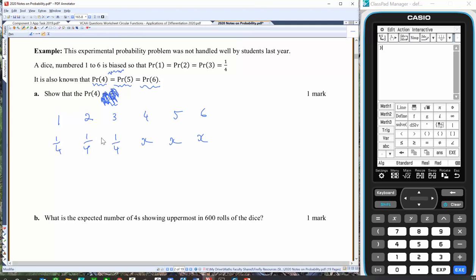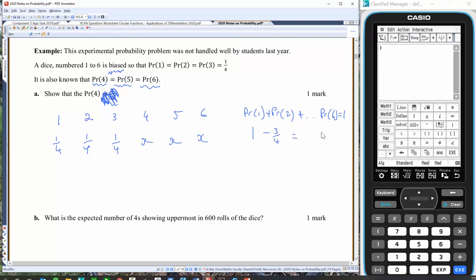All right, well, what have we got left? We know that the probability of 1 plus the probability of 2 plus ... probability of 6 must equal 1, okay? When we add all of these individual probabilities together, it has to equal 1. All right, now, what do we know so far? We know that the probability of 1, 2, and 3 is all 3/4.